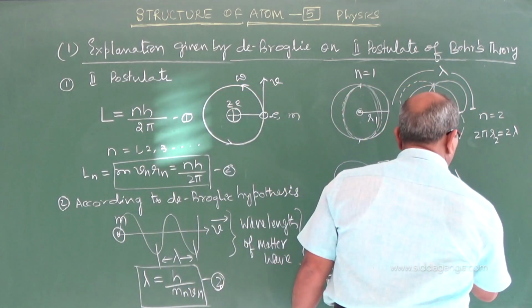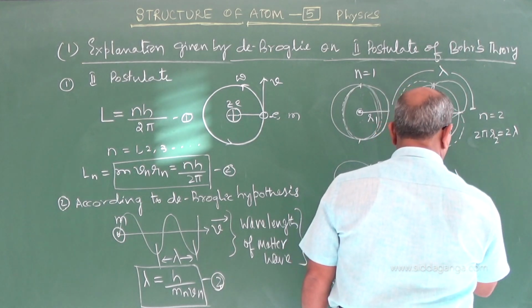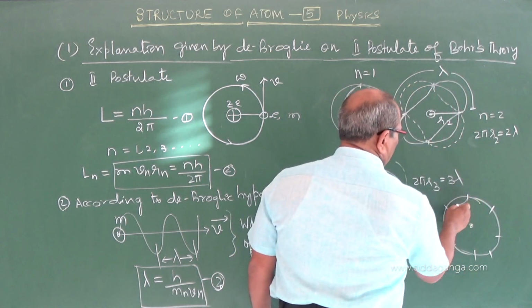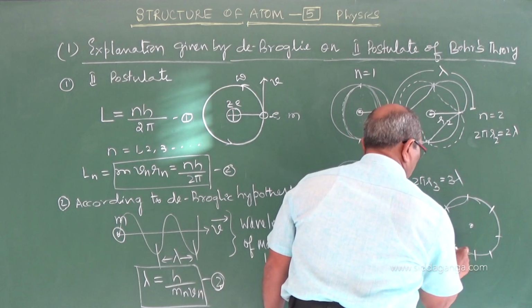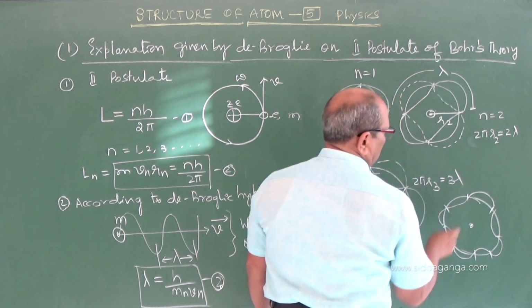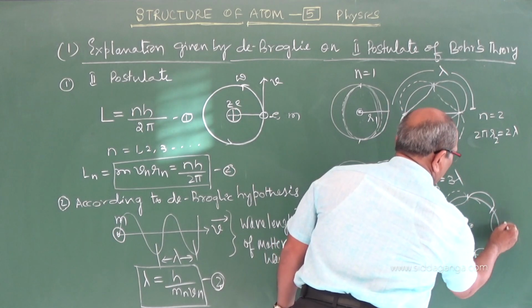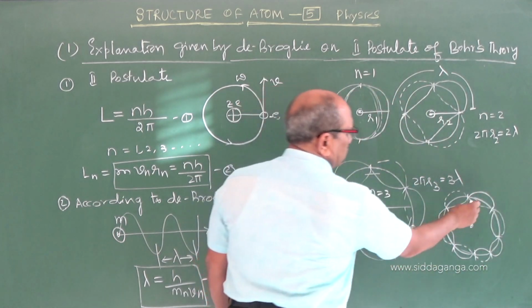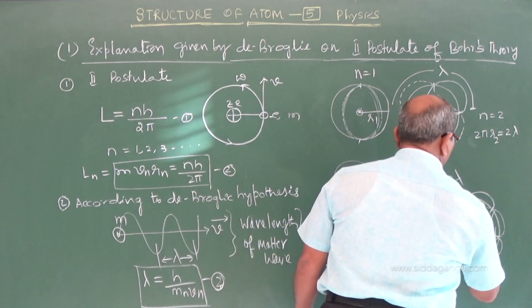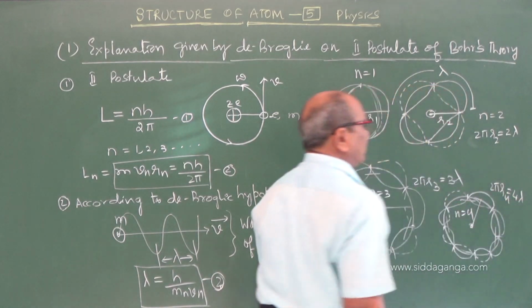Even if I go for another, even in this case, perfectly the loop is forming. So 1, 2, 3, 4. If n is equal to 4, 2 pi r4 is equal to 4 lambda.